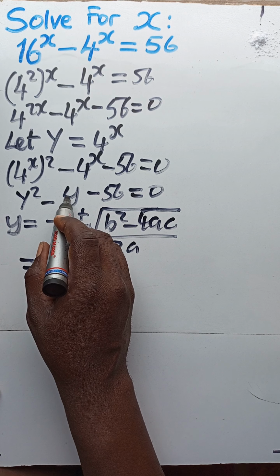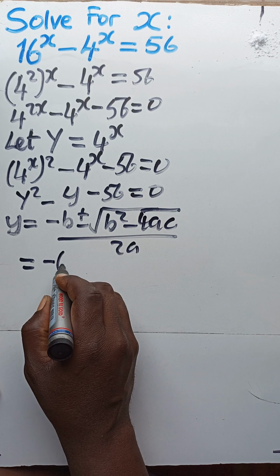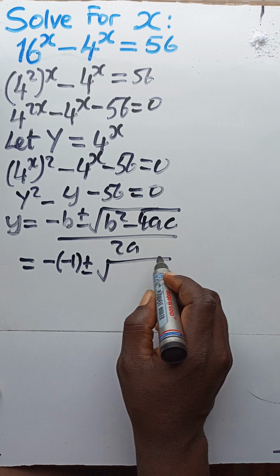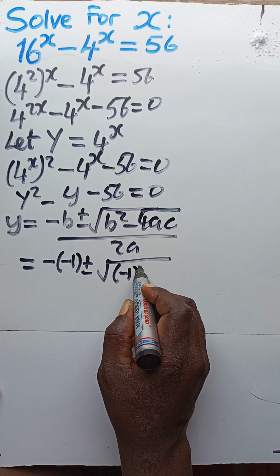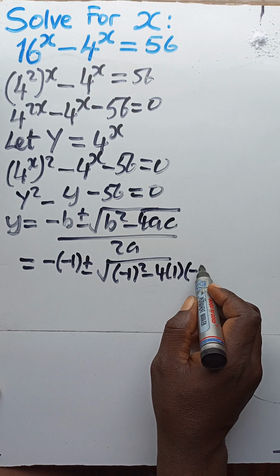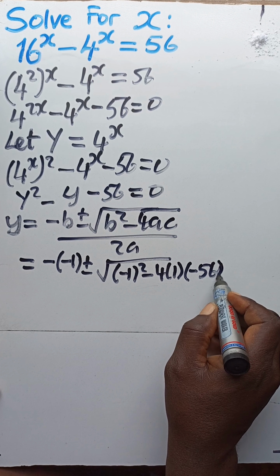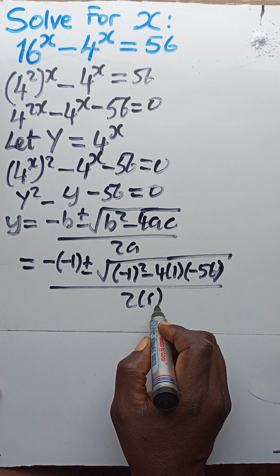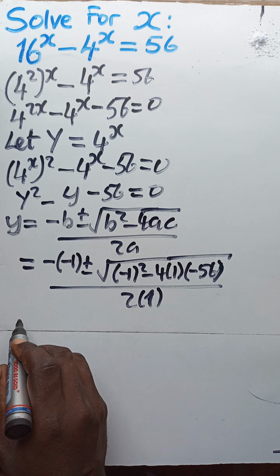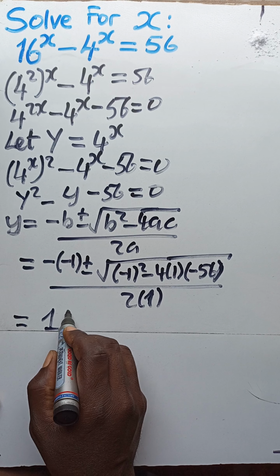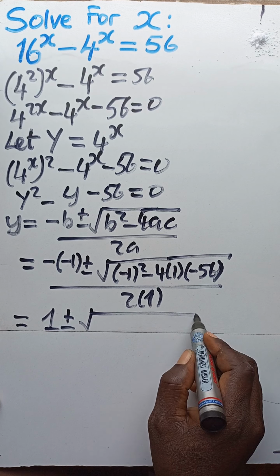Our b is the coefficient of y, so it's minus 1 plus minus the root of our b squared minus 4. Our a is 1 and our c is minus 56. All of that divided by 2a. Our a is 1. So this gives us positive 1 plus minus the root.